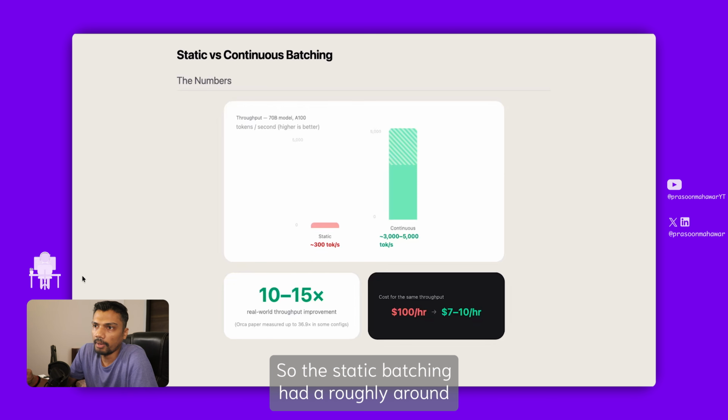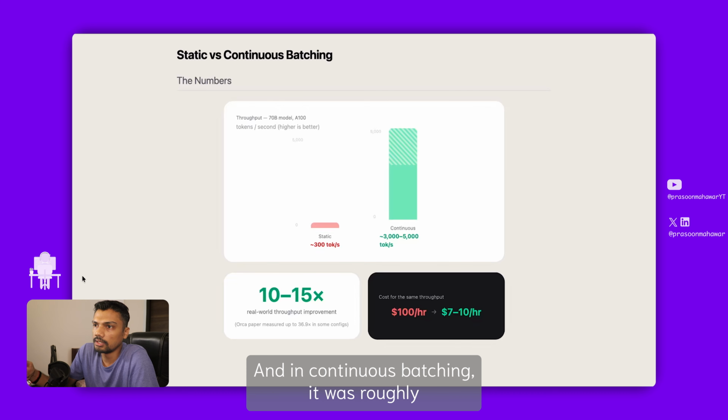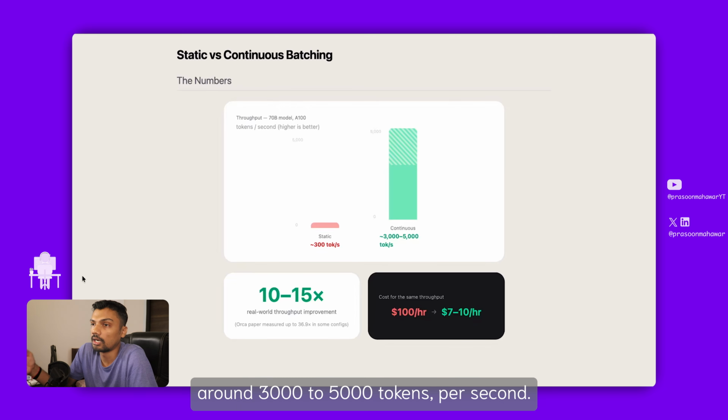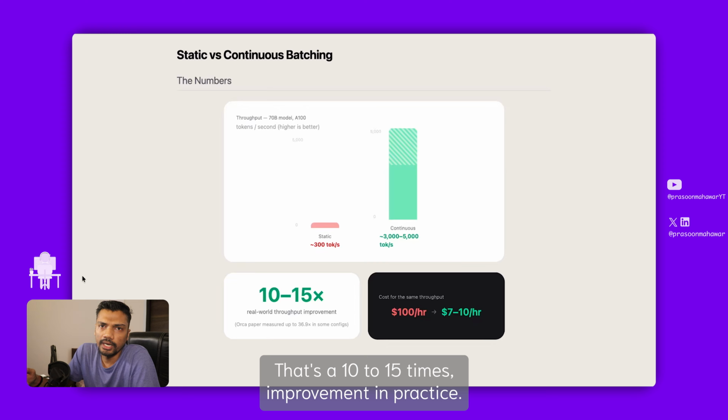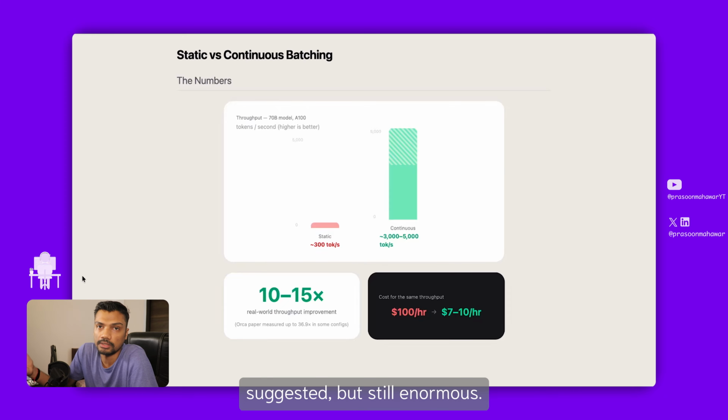Static batching had roughly 300 tokens per second, and continuous batching was roughly 3,000 to 5,000 tokens per second. That's a 10 to 15 times improvement in practice, slightly more conservative than what the paper suggested, but still enormous.